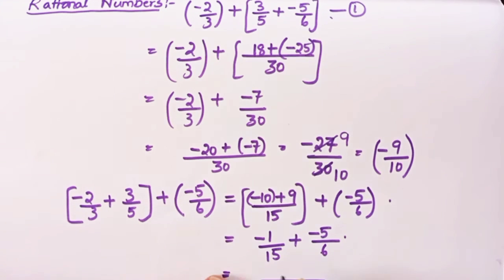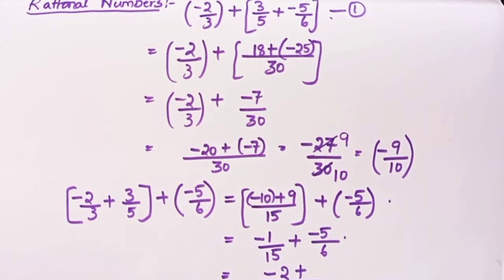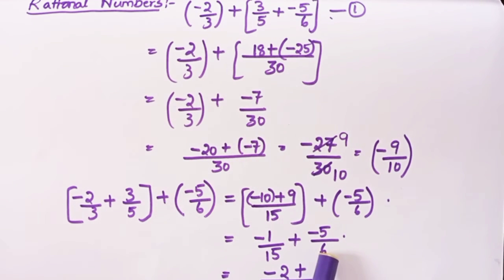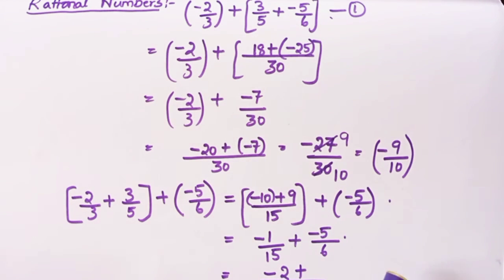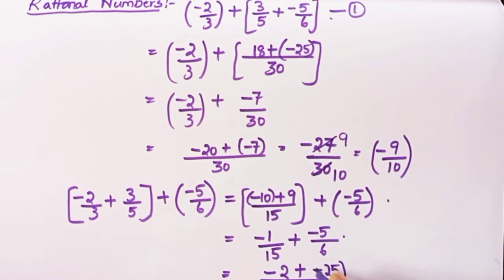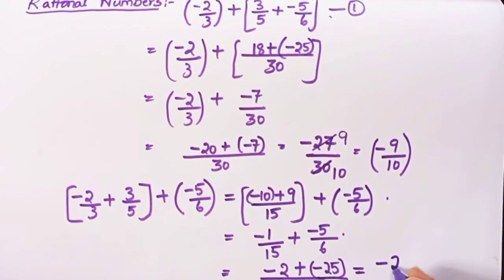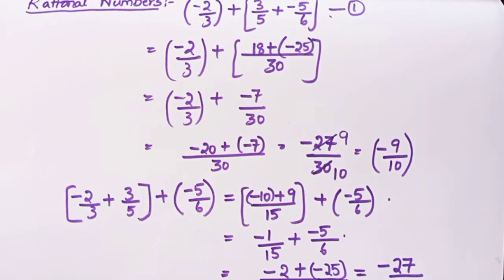So 2 into minus 1, I will get minus 2, plus if I divide 30 with 6, my quotient will be 5. 5 into minus 5, minus 25. So minus 2 plus minus 25. Both are having negative signs and I am adding them. So my answer will be minus 27 by 30.